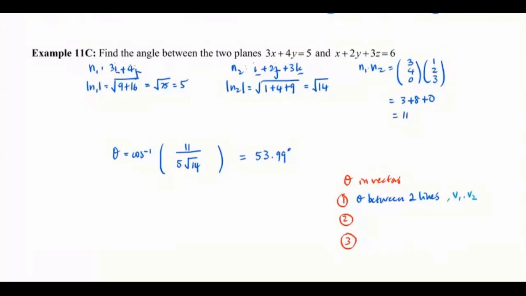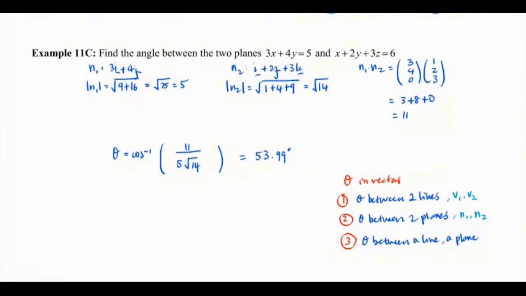Second adalah yang baru kita belajar, angle between 2 planes, which is kita akan encounter dengan N1 dan N2. And then the third one, which is angle between a line and a plane.